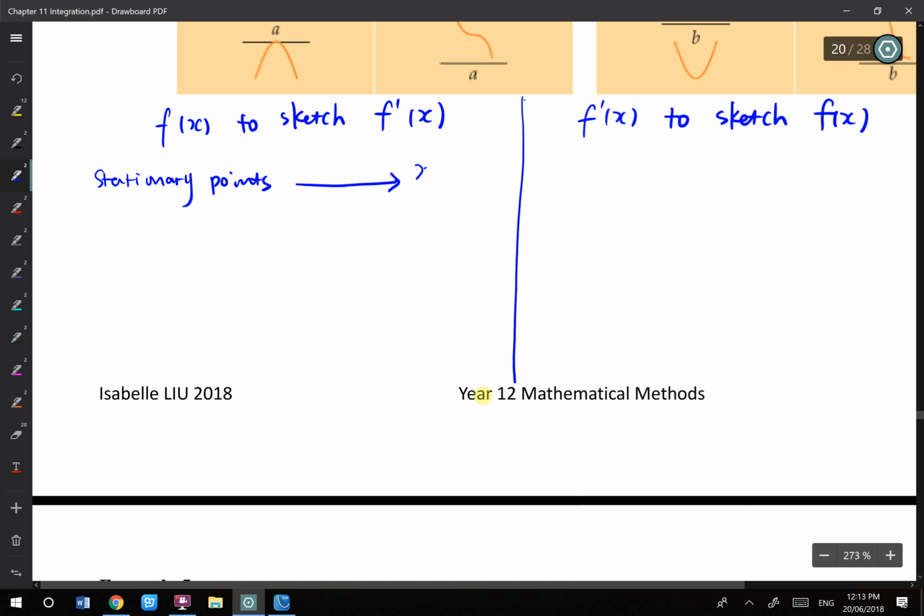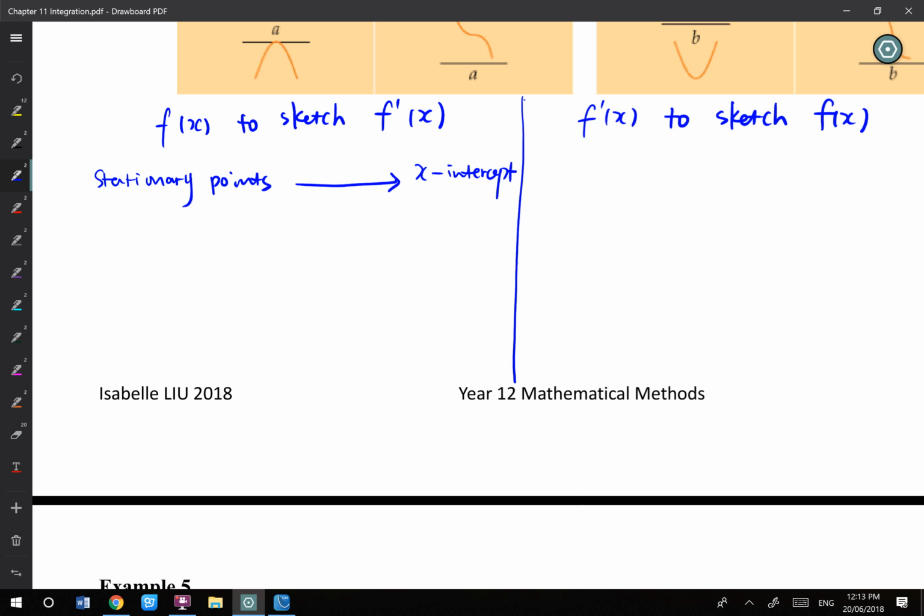So it's the x-intercept. So for stationary points, the x value becomes the x-intercept. Yes, it cuts the x-axis, no problem. What other things do you also look at? The x-intercept on f'(x) is not enough. What other things do you look at?